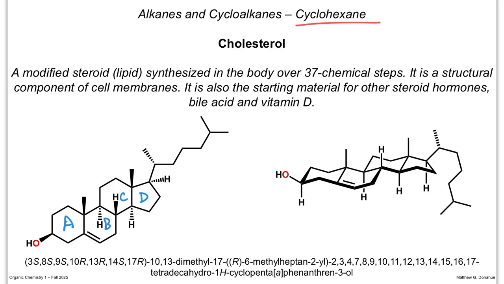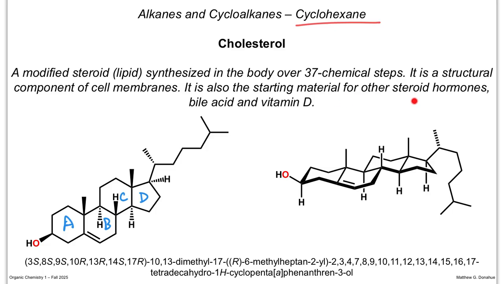So your body makes cholesterol. I mean, typically when you're watching TV, they're saying don't eat cholesterol-rich foods, blah blah blah. But you do get it from food, but your body also makes it. So it's made in 37 chemical steps, and it's a component of cell membranes.